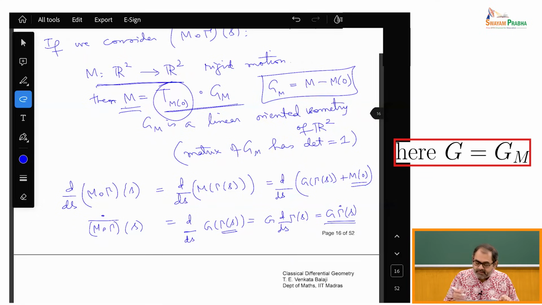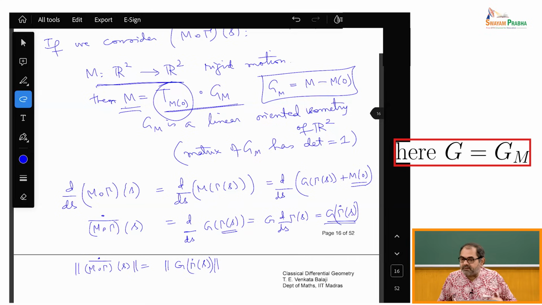Okay, and if you calculate the norm of m circle gamma whole dot of s, this will therefore be the norm of G of gamma dot of s. Okay, and you see G is an isometry, a linear isometry, so G preserves norms. So the norm of G of V is the same as the norm of V. Therefore this is the same as the norm of gamma dot of s. This step is because G is a linear isometry, so G preserves norms.